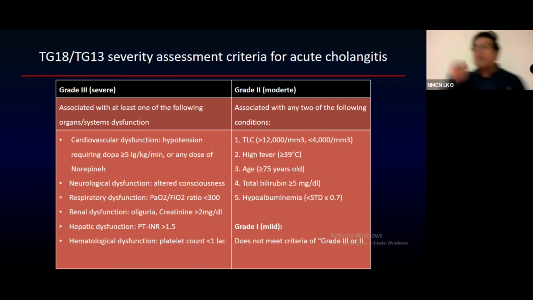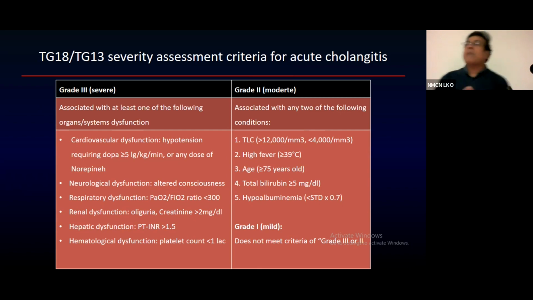So once we talk of cholangitis, what you need to remember is, as I showed you, that patient was not having any organ failure. So if the patient has cholangitis without organ failure, then we label this as grade 1.